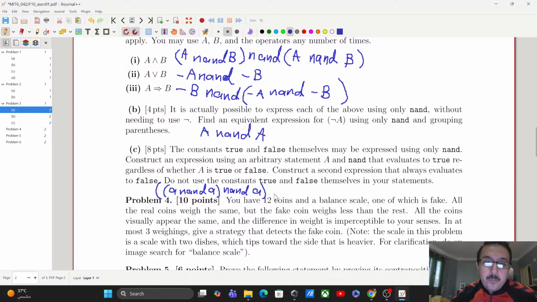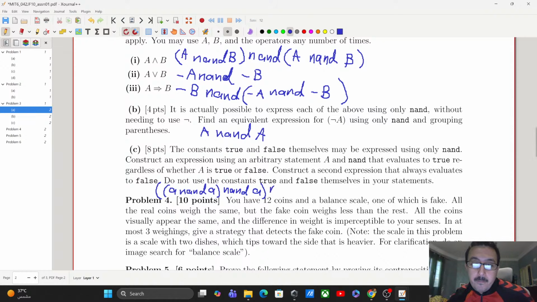It's gonna be true. So it's gonna be true. 9. It's gonna be false. It's gonna be true.